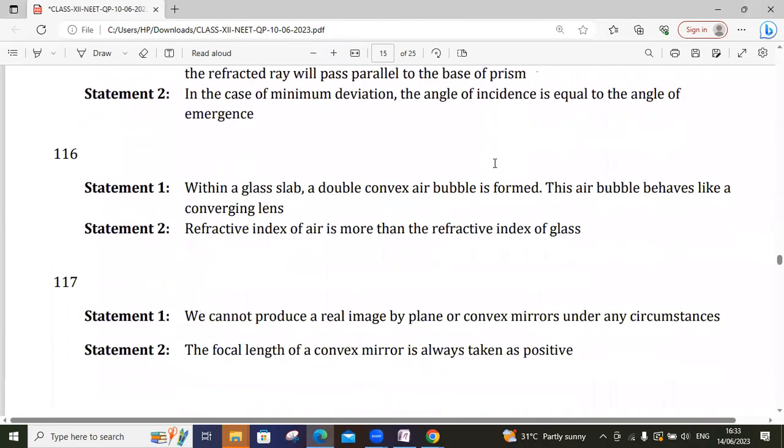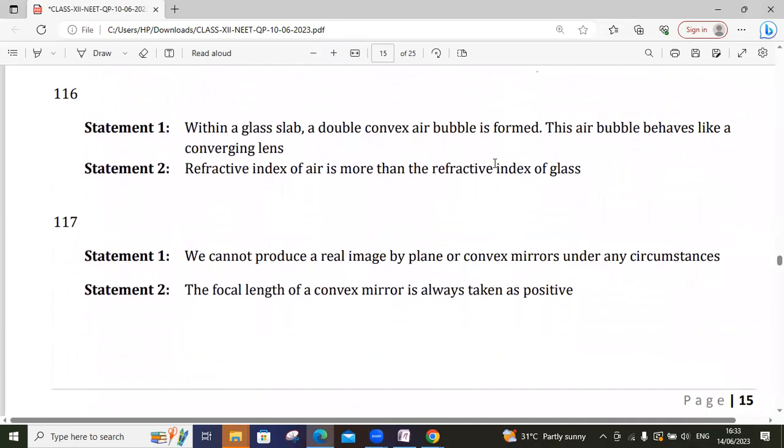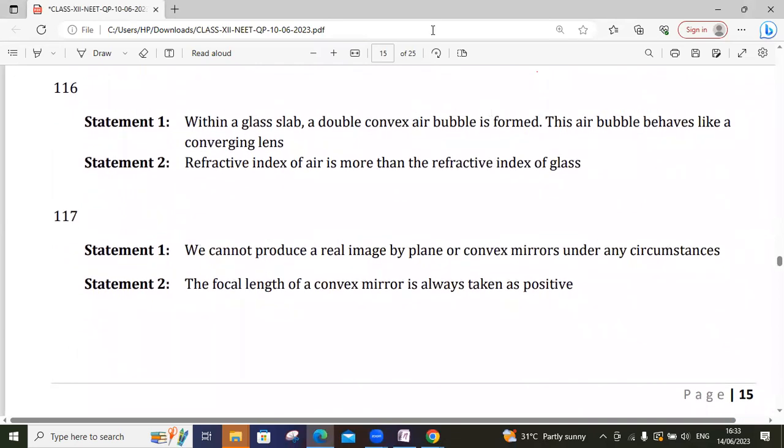After 115 we have 116. In a glass slab, a double convex air bubble is formed. This is a glass slab, and the double convex bubble is formed. This air bubble behaves like a converging lens. Actually, it will behave like a diverging lens, because mu of the surrounding is more.